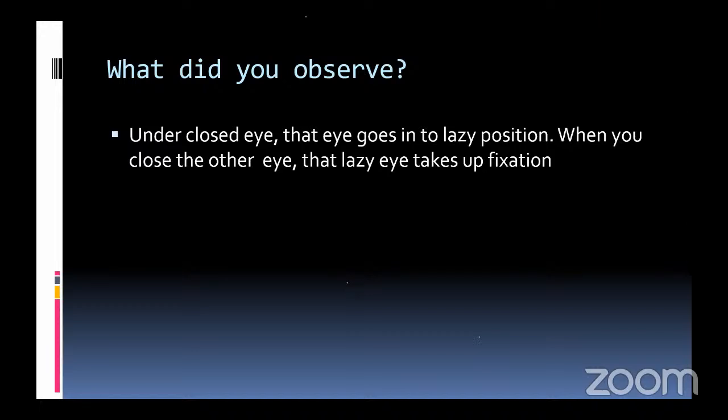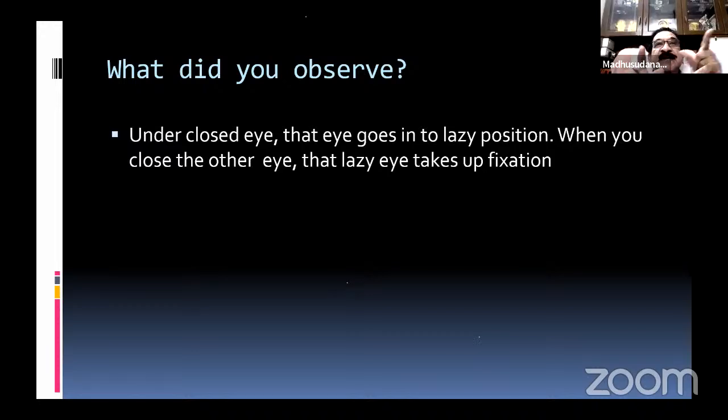See, concomitant squint means what? Non-parallelism. One eye is straight, one eye is deviated. The deviation may be due to paralysis, a paralytic squint, or it can be a non-paralytic squint, otherwise called a concomitant squint. In non-paralytic squint, the disconjugation is the same in all directions.